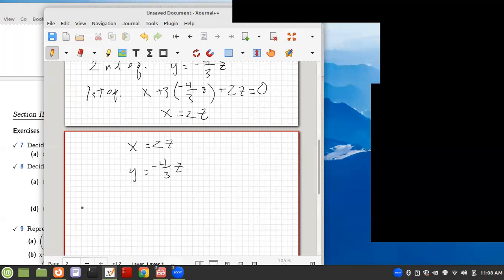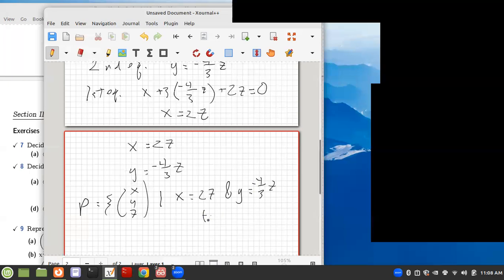So we can rewrite P as, I'm going to do it in 2 steps, X, Y, Z, such that X equals 2Z and Y equals minus 4/3 Z for any Z, for any real number Z.